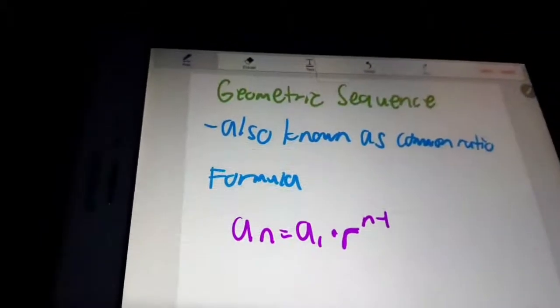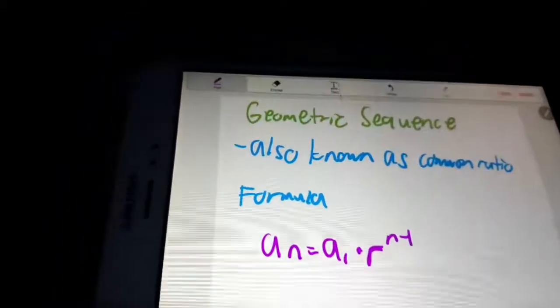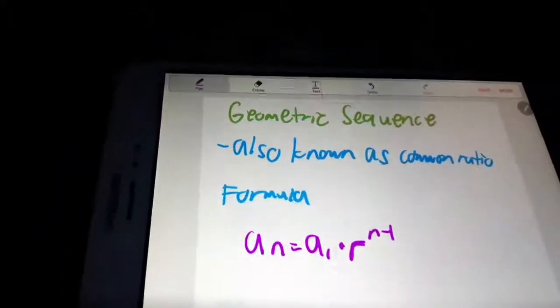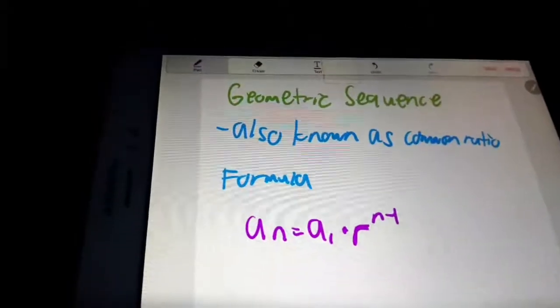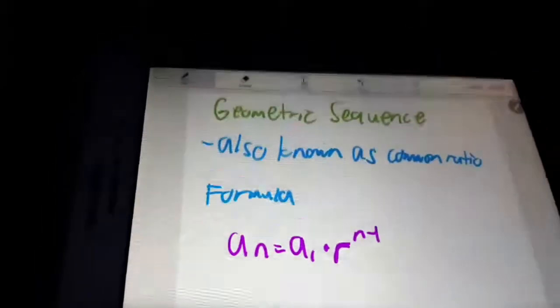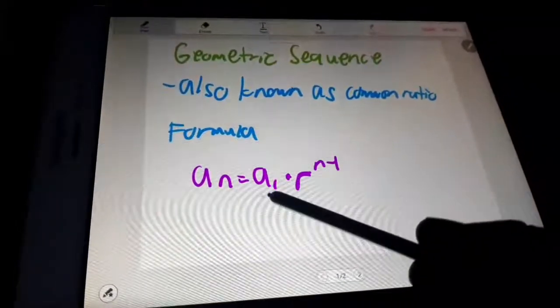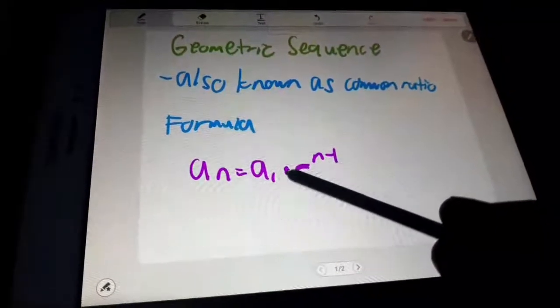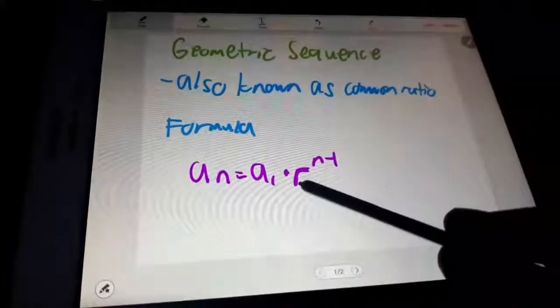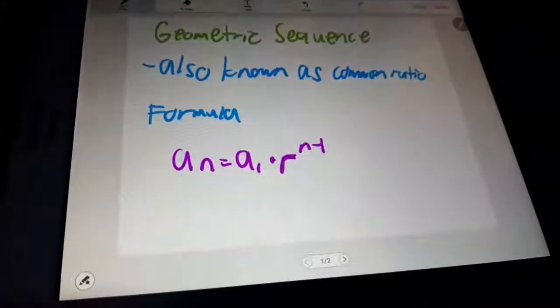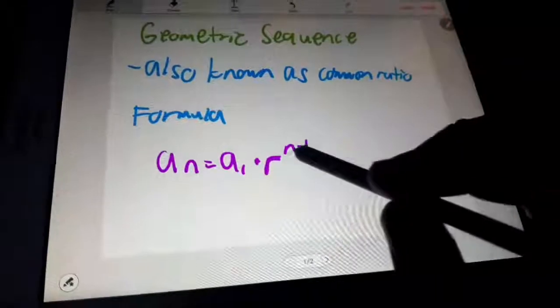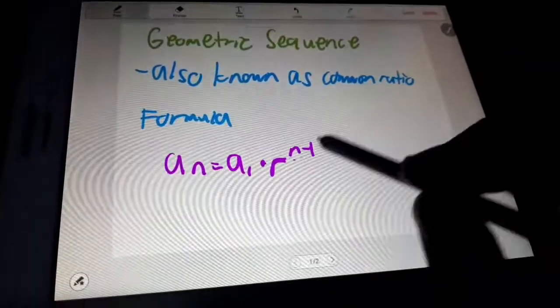Ano ang ibig sabihin ng common ratio? Ibig sabihin po yung tinimes mo sa bawat term. So, ang formula for this one is a sub n equals a sub 1 times r, nilagay ko yung tuldok kasi multiplication, raised to n minus 1.